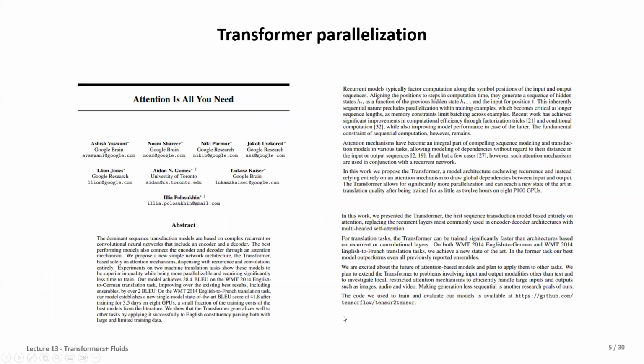Regarding parallelization in the transformer, indeed it has a good capability to be applied in parallelization. As you can see here in this paper, they said: a new simple network architecture, the transformer, based solely on attention mechanisms, dispensing with recurrence and convolutions entirely.